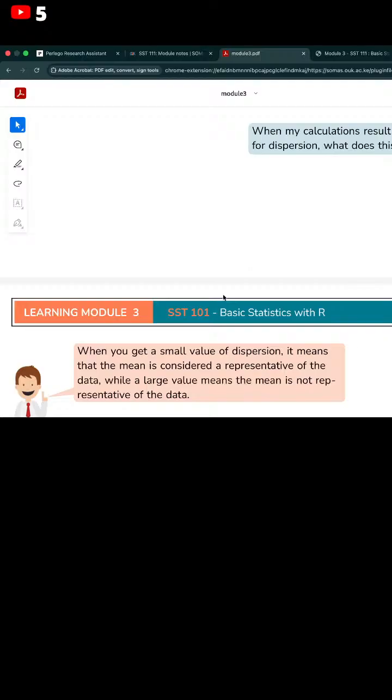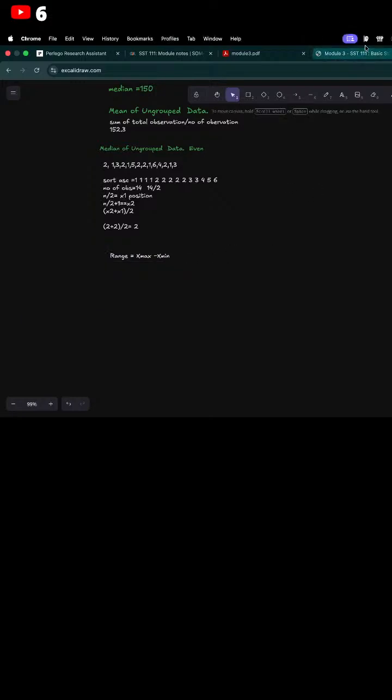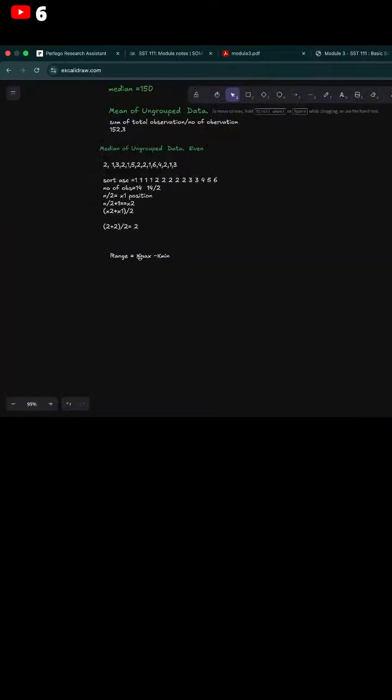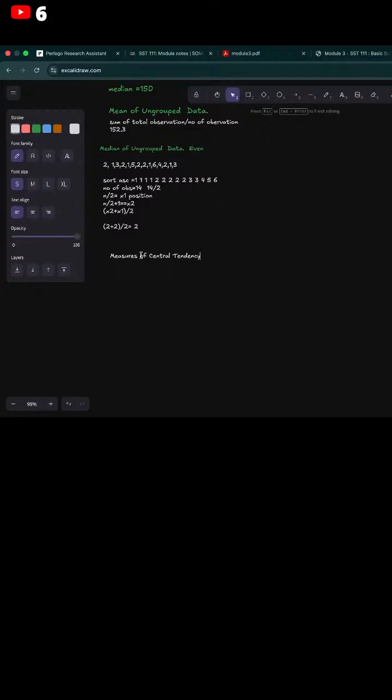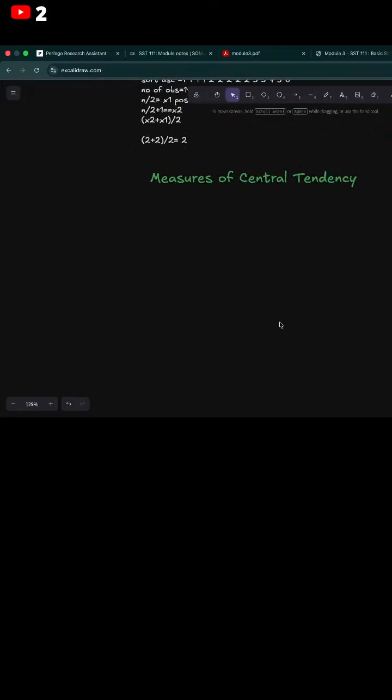Then on relative dispersion, one can check out what is absolute and what is relative, the meaning of the two words. So this is what we are covering today.